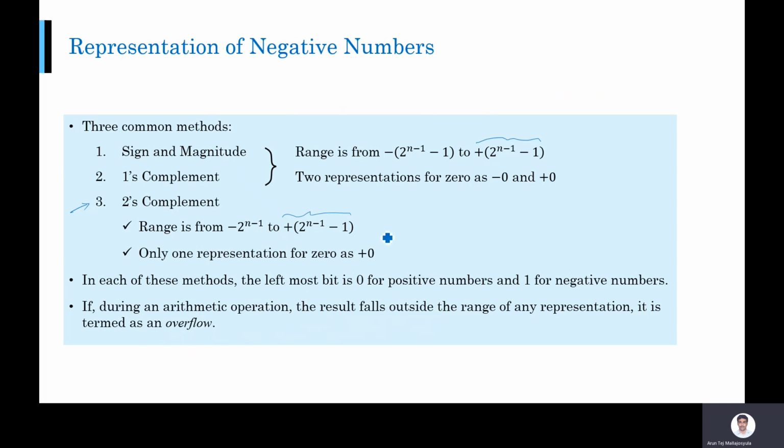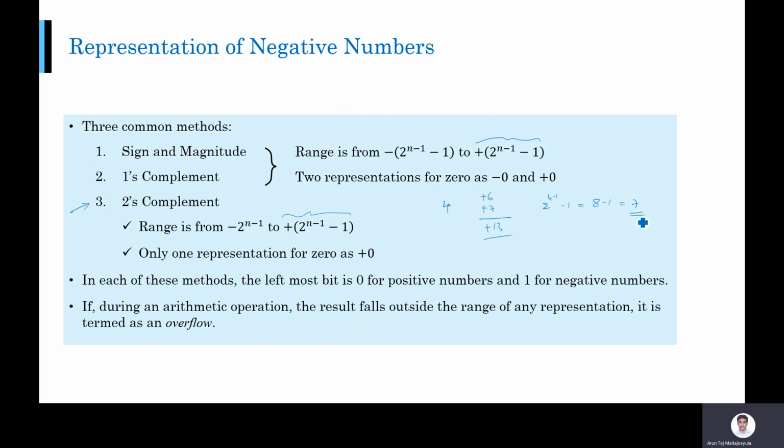So what this statement is telling you is that, suppose you have a 4-bit representation, and you want to add two 4-bit numbers. Okay, so let us say you want to add plus 6 and plus 7. So what is the value going to be? 13, right? So 13 is out of range. What is the maximum range for a 4-bit number in any of these representations? The maximum value is 2 to the power of 4 minus 1, minus 1, which is 8 minus 1, which is 7, right?